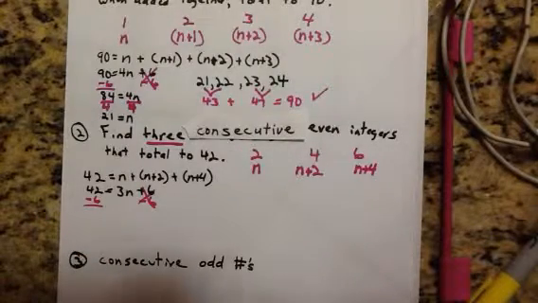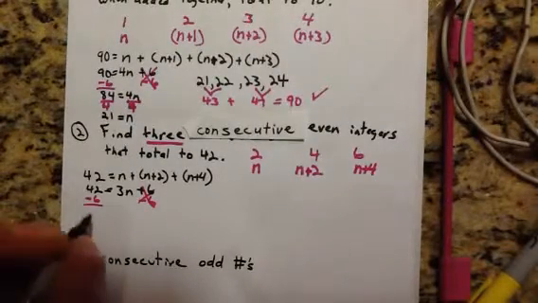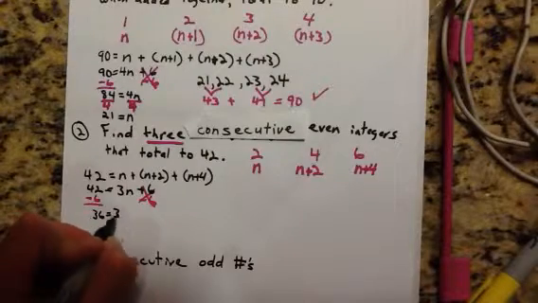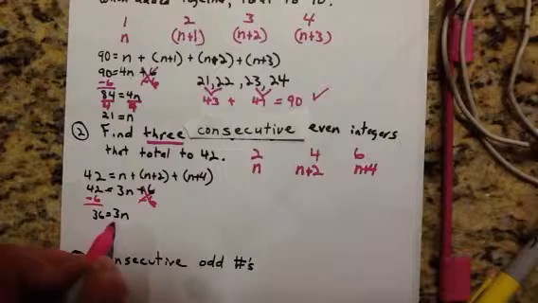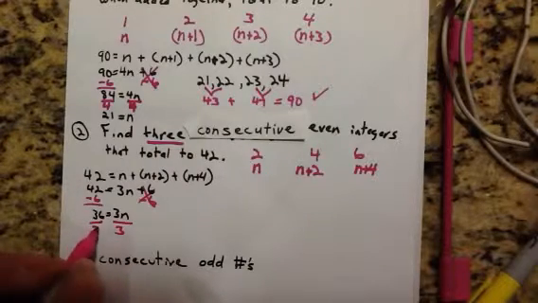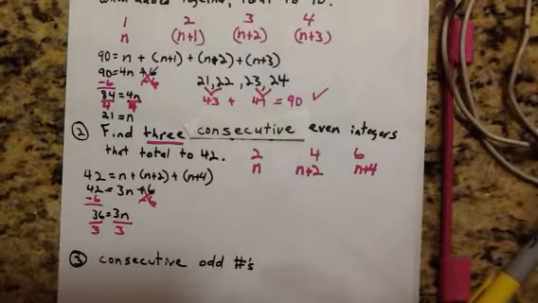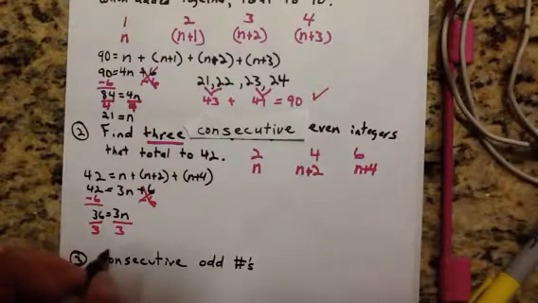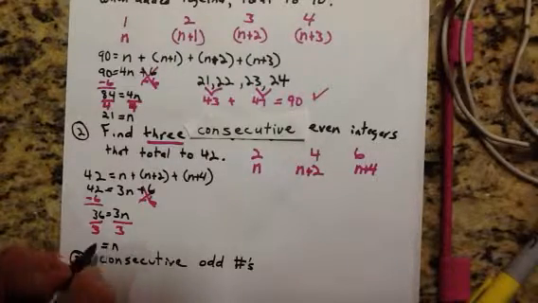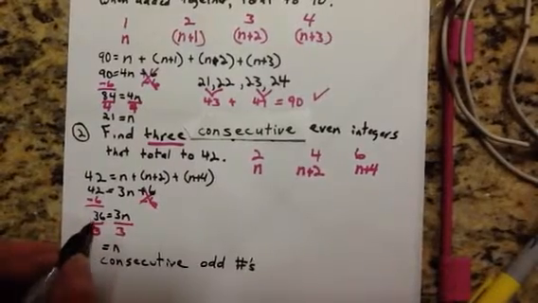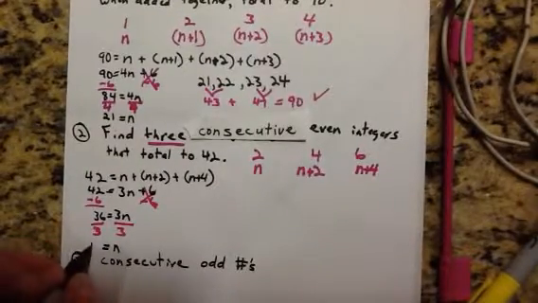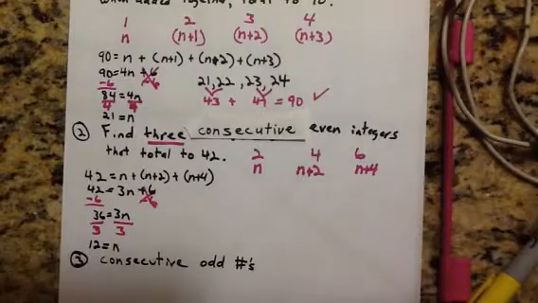Let me write that in black. 36 equals 3n. Okay, now we want to divide by 3 here, divide by 3 here, and the final answer: n equals, because 3 divided by 3 is 1, 1 times n is n, and 36 divided by 3 is 12.